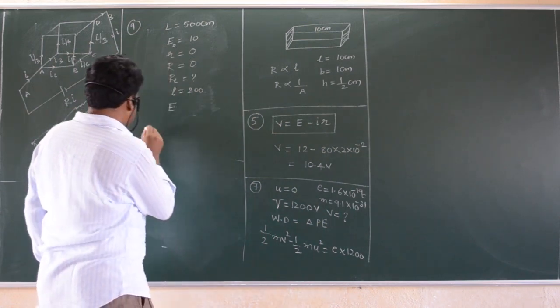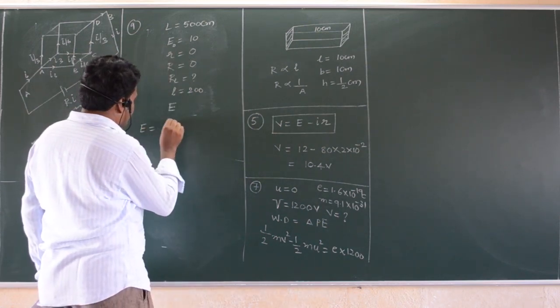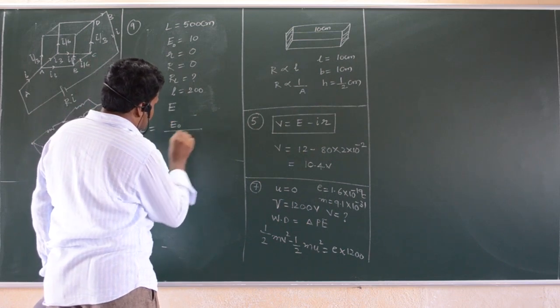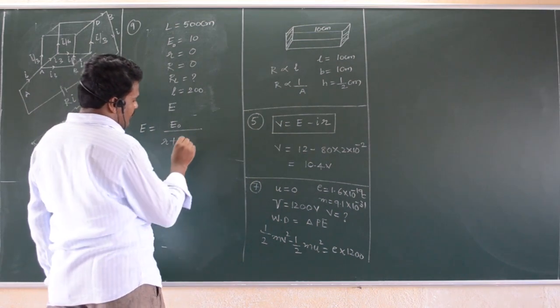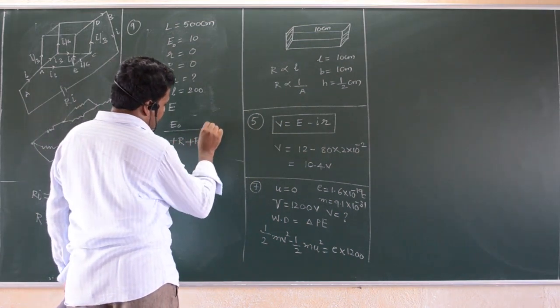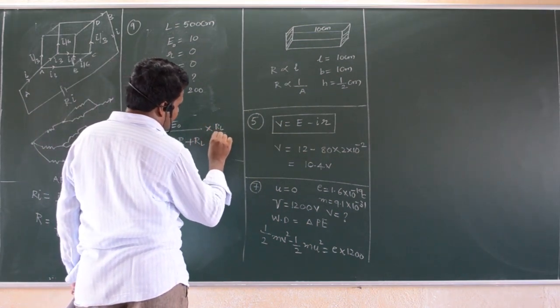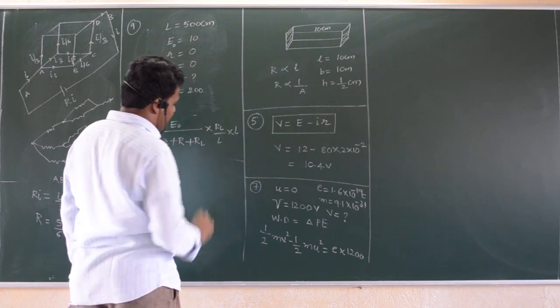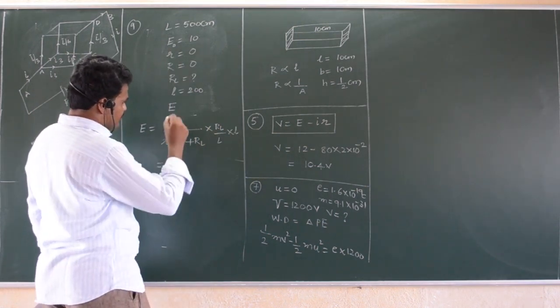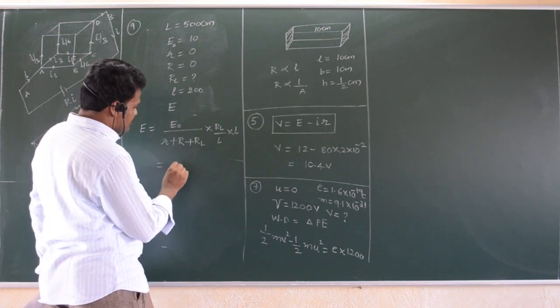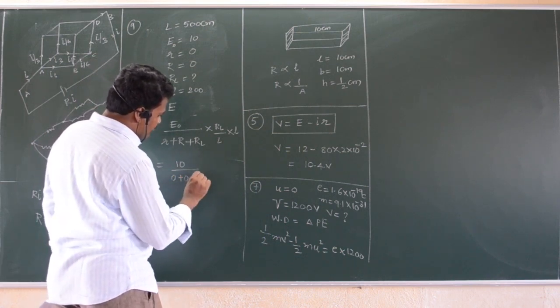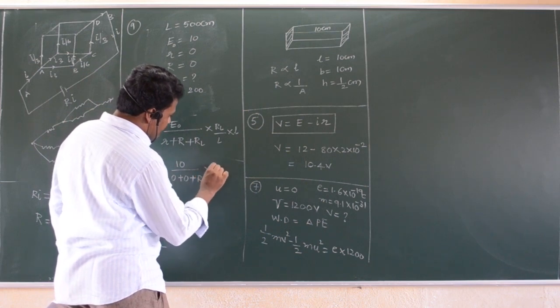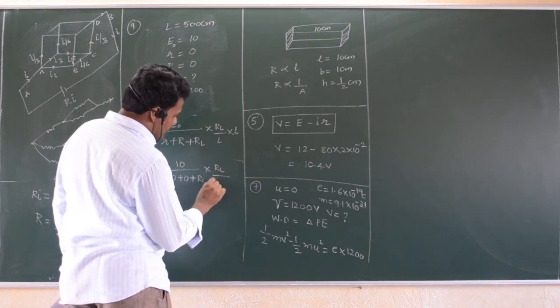So the EMF of the secondary cell, E, is equal to E naught by small r plus capital R plus RL, into RL by capital L, into small l. This is the formula, so substitute the values. E naught is 10, by 0 plus RL, into RL by the length, 500 centimeters.